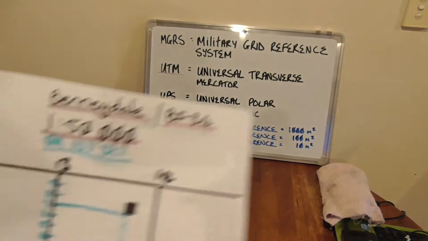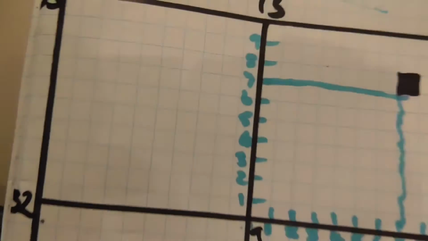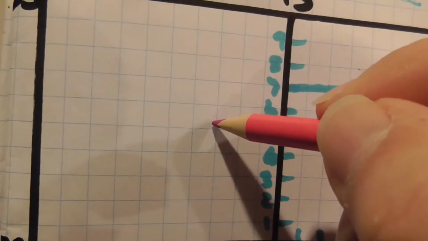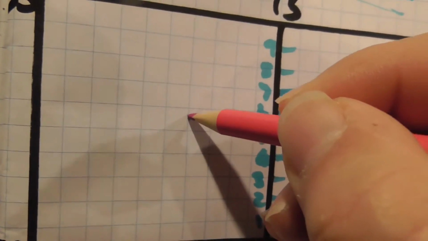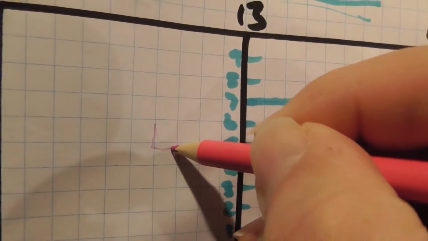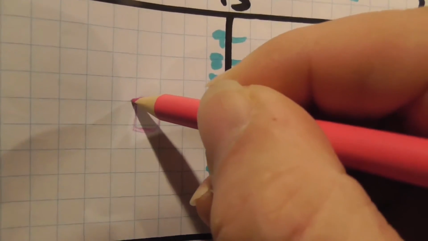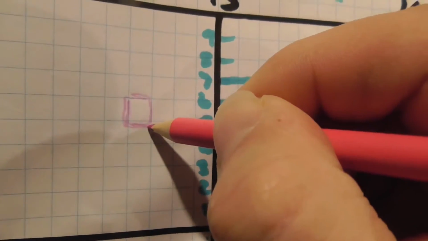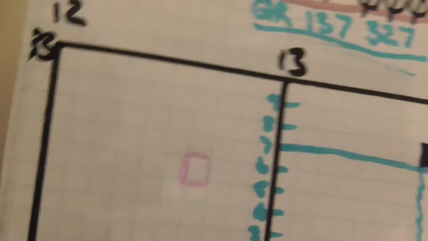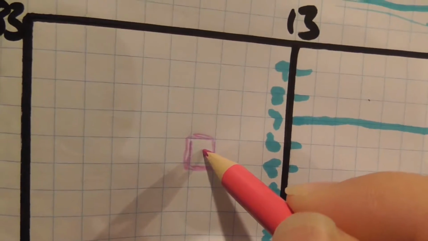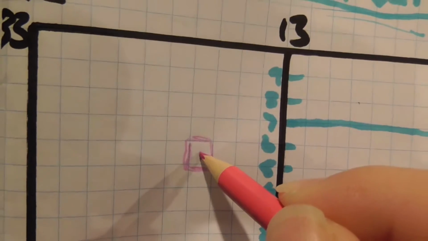So let's do a real basic one. Let's imagine that we are in, let's say, this box here. We're going to do an 8-figure grid reference, and I'm going to put a little dot over here in the middle of it.